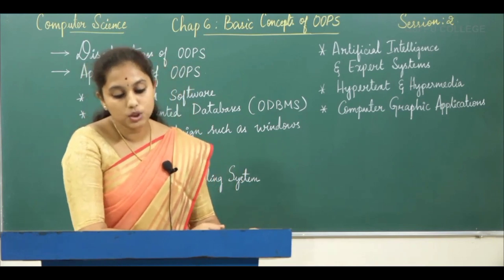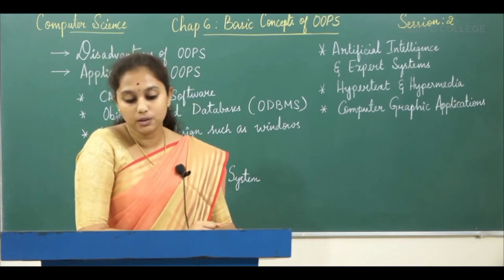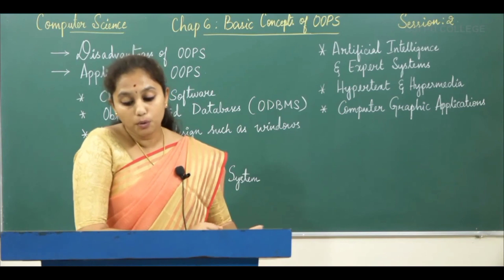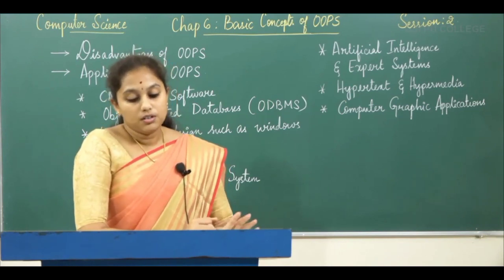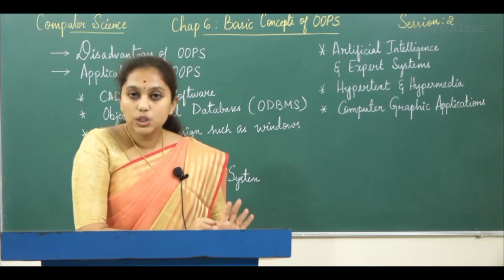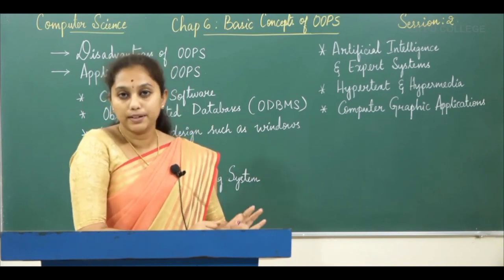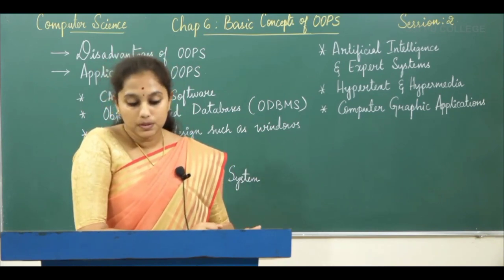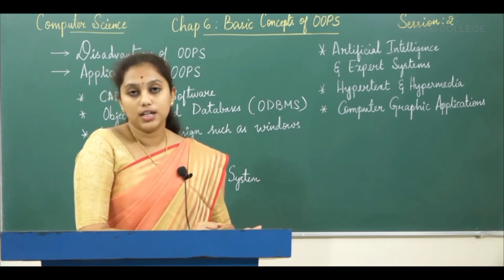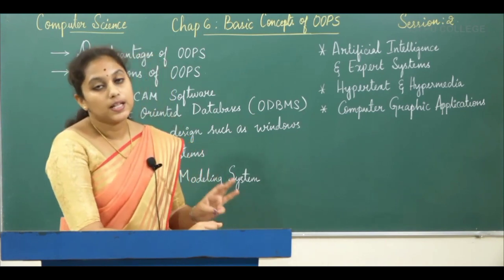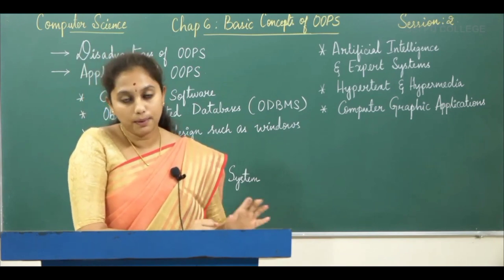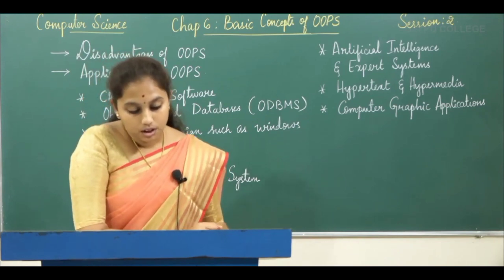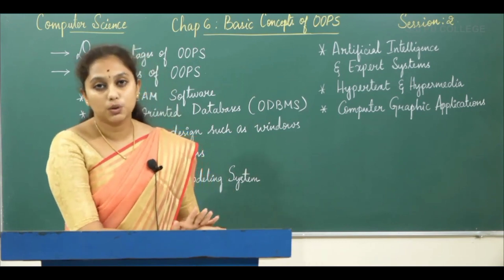Next question is, mention any 4 high-level languages that follow the object-oriented programming approach. That is C++, Java, C#, Python and J#. So these are all the 1 mark questions.